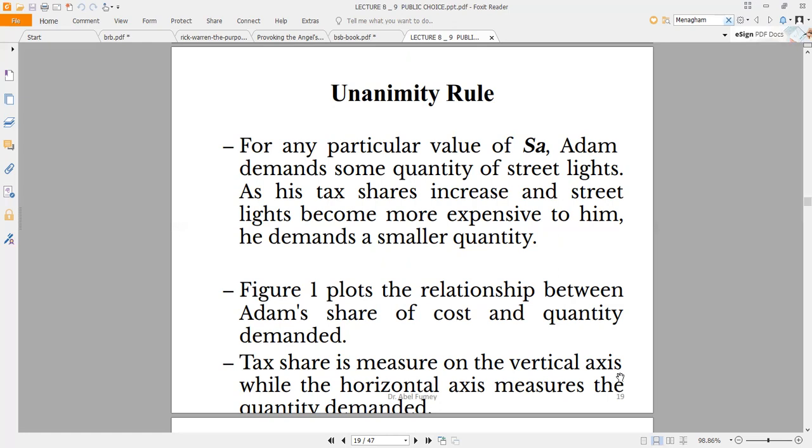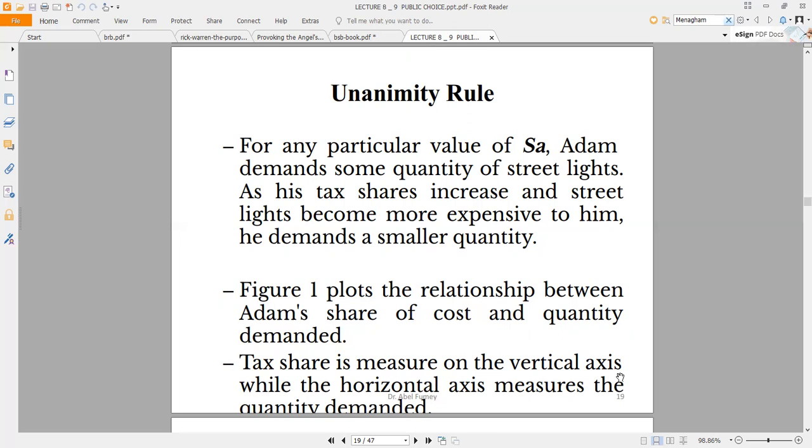Now, whenever there's an increase in his tax share, it means that the cost of the street light is becoming too expensive for him. If initially he was paying 60%, so he was demanding like 20 units of the street light, now they are telling him that he has to pay 80%. See that his tax share is increasing, and as a result, he will not be willing to demand more of the street light. So whenever there's an increase in the tax share, there's a reduction in the demand for the street light.